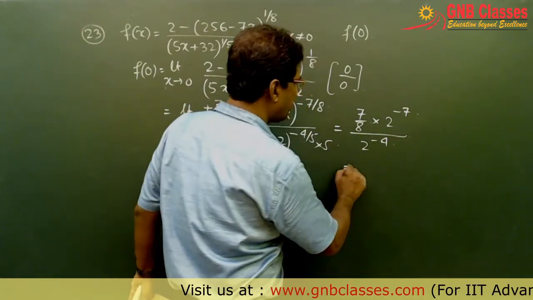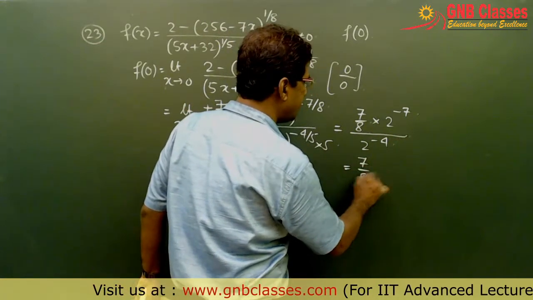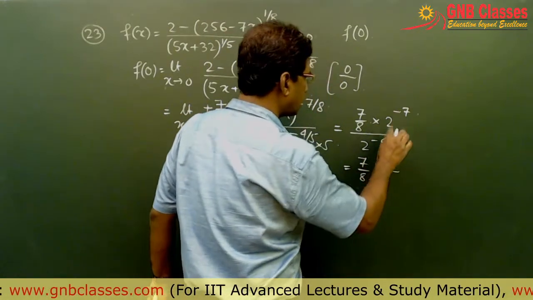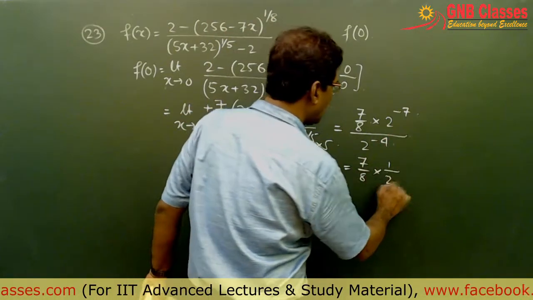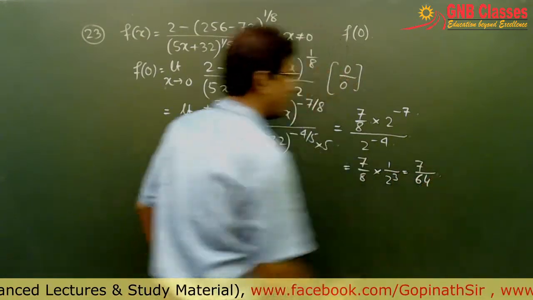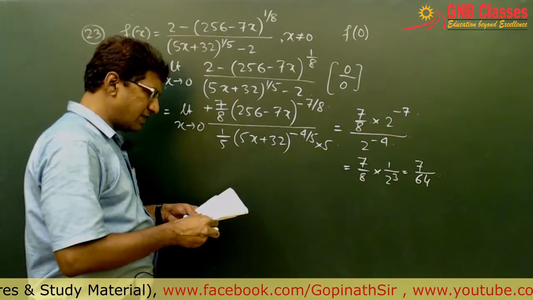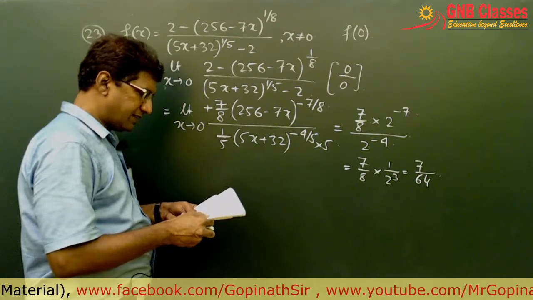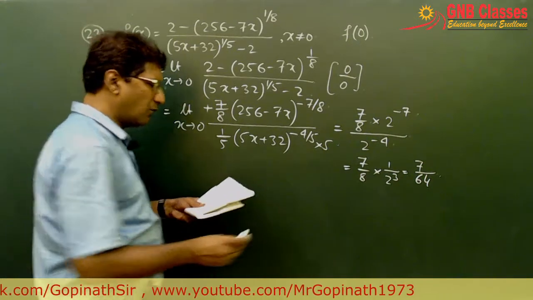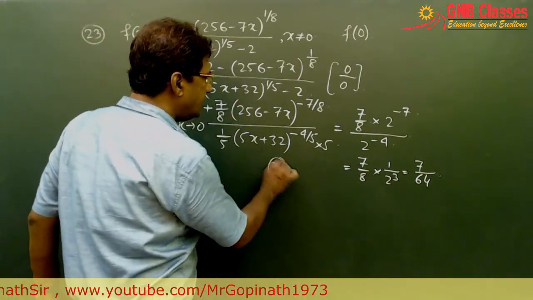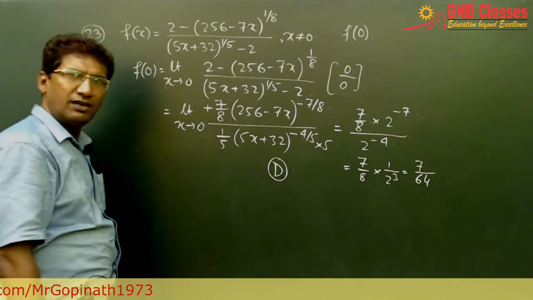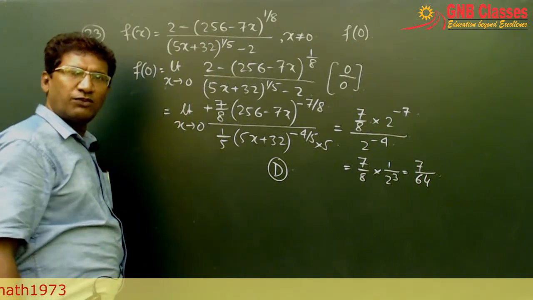So we are left with 7/8 into 1/2 cube. That is 7/64. Am I correct? So your answer is 7/64. None of these options are matching. Therefore, our option will be none of these, that is, option D is correct for question number 23. Is it clear to all of you?